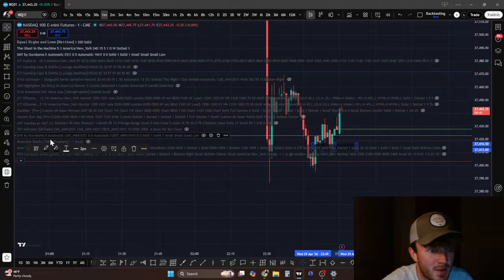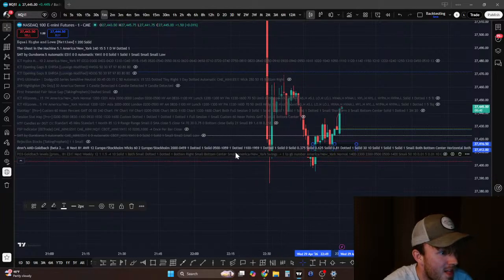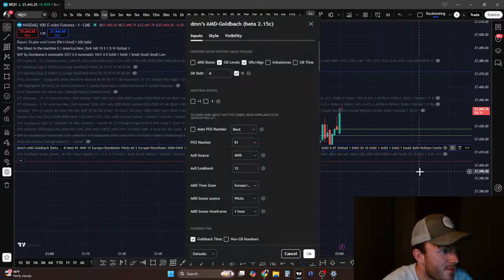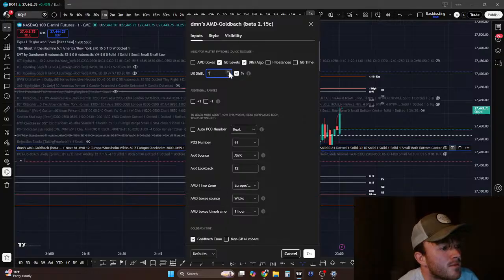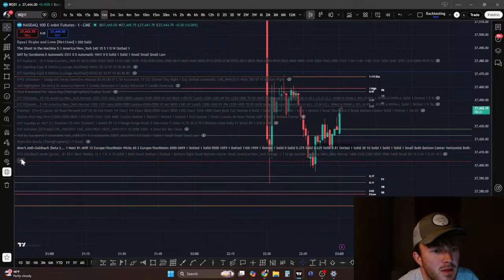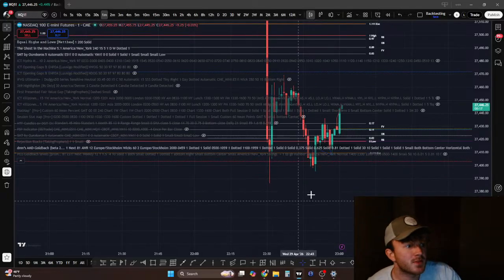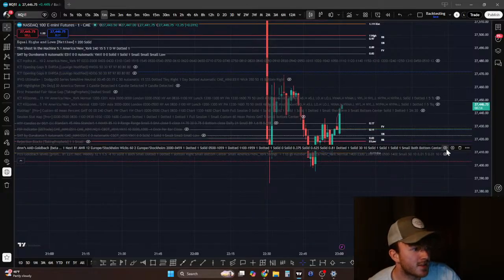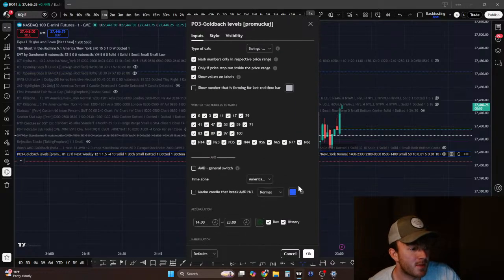Hey, let's see if this aligns with Goldbach. You never know. So let's actually shift this by 0.25, which means we're going to have to get out the other one. Sometimes you need to shift it by 0.25.